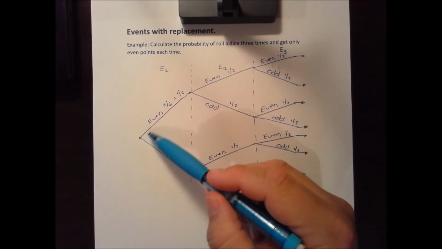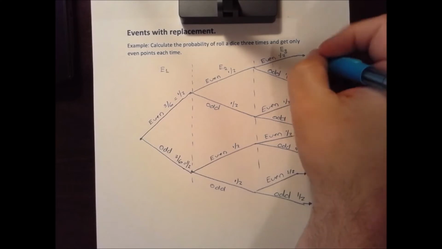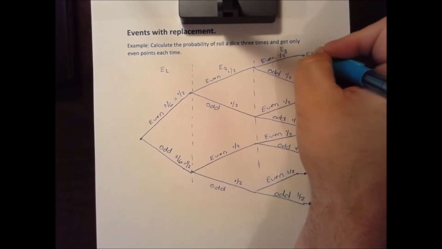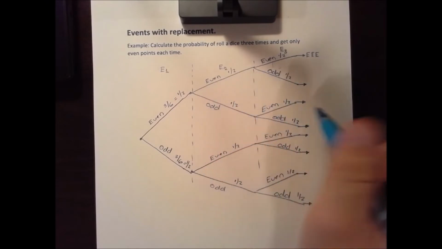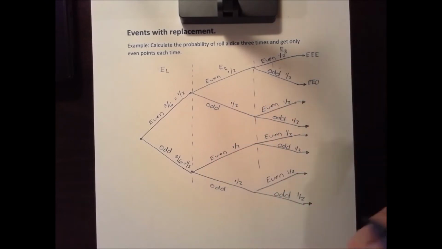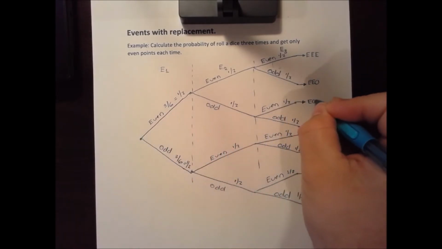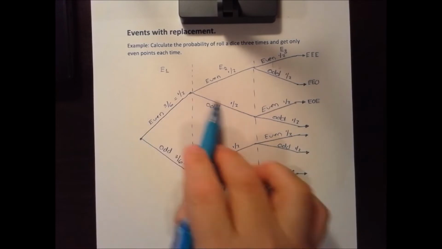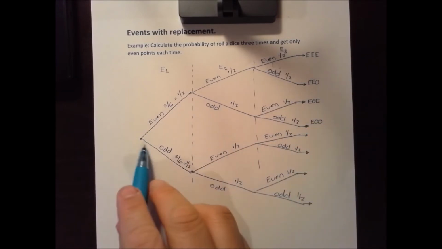Look at this. This part, we're going to have even, even, even. But in that way, we're going to have even, even, odd. Here, we're going to have even, odd, even, and then even, odd, odd.